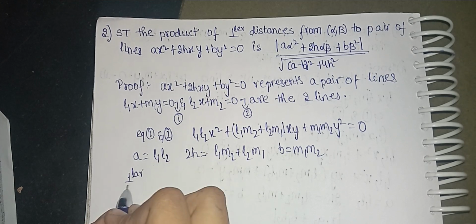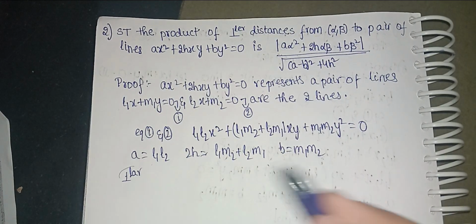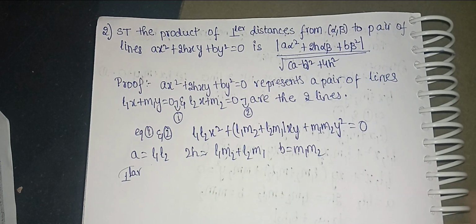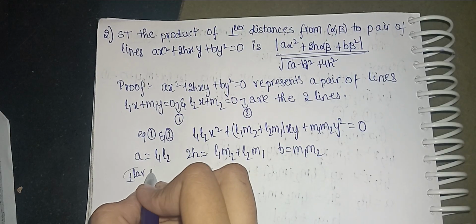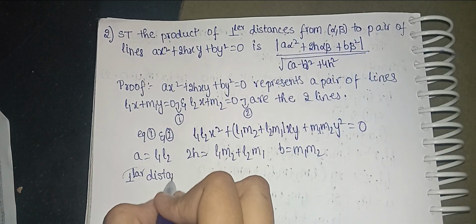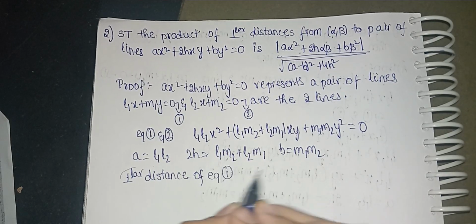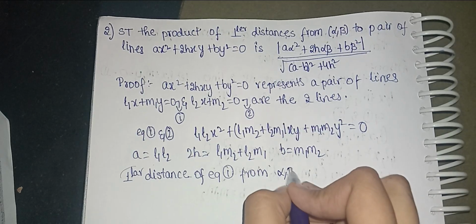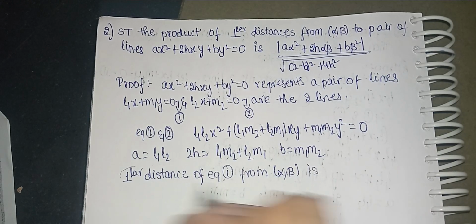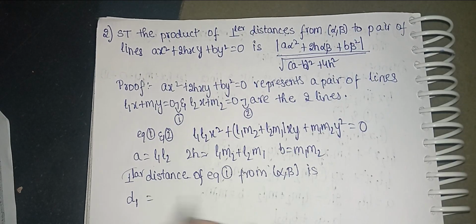Here don't write like this perpendicular. You write the whole word perpendicular. Here I am writing in shortcut. Okay. Perpendicular distance of equation 1, means line 1, from alpha comma beta is, let's represent it as d1.